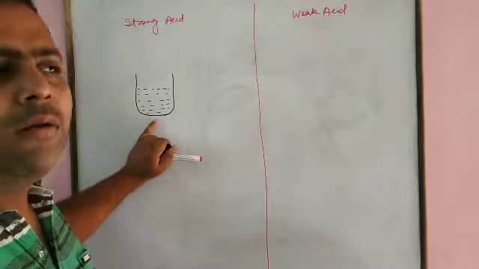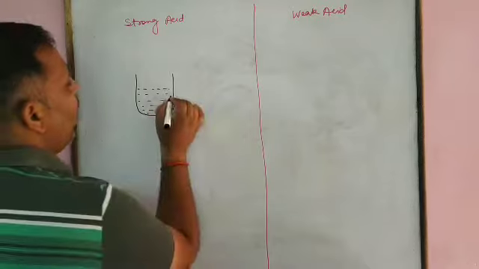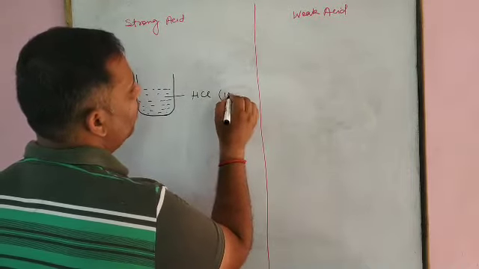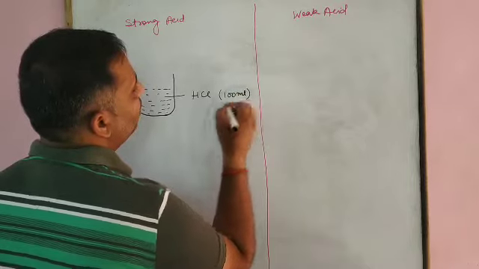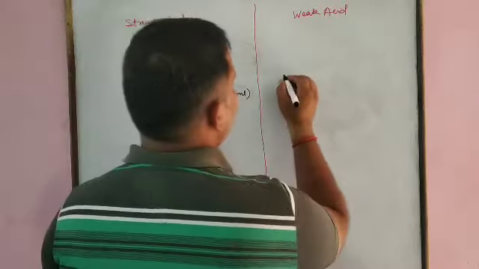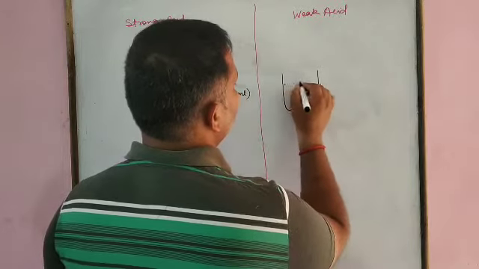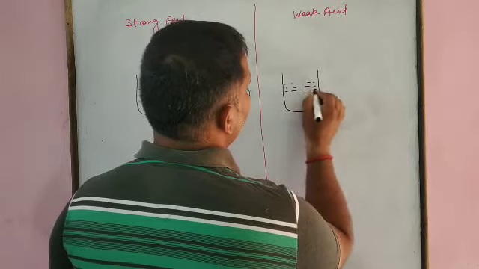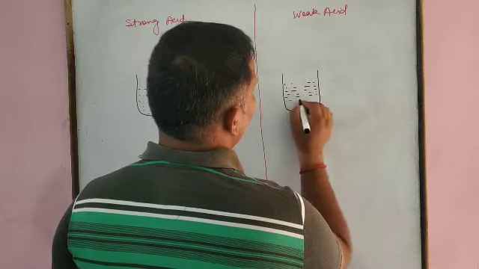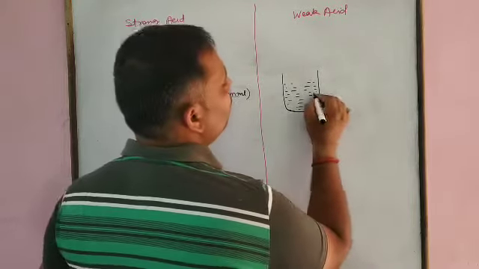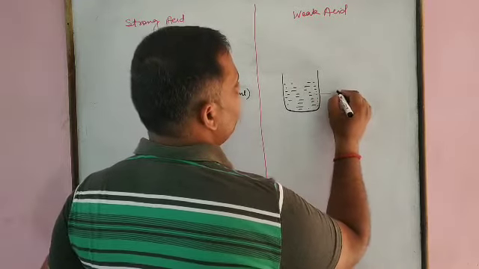In one beaker, we have taken hydrochloric acid, and that is 100 ml. In another beaker, we have taken acetic acid.